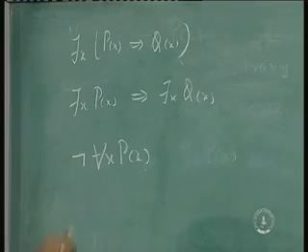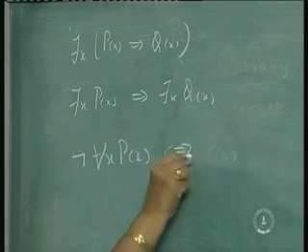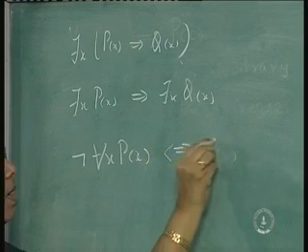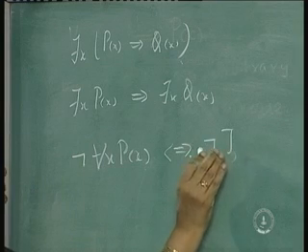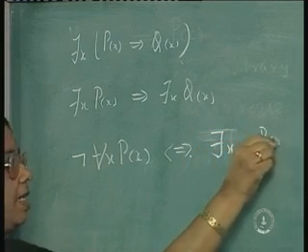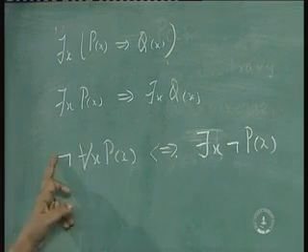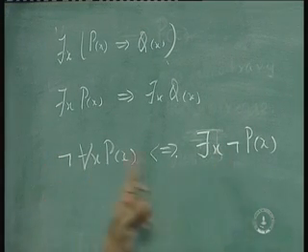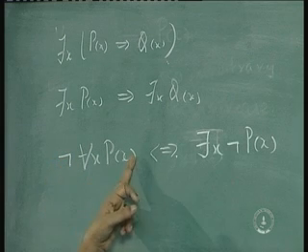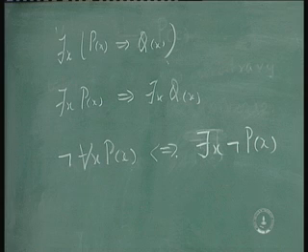So, you can write it equivalently, like this is equivalent to there exists x not of P of x. There is a value for which P of x is not true. So, this not you are bringing inside, and when you bring the not inside, the for all x becomes there exists x.